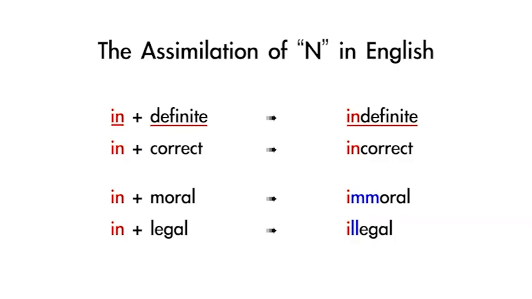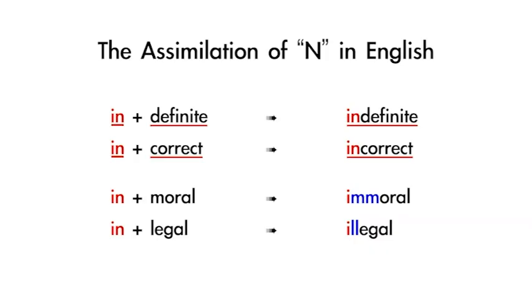We can do the same thing with the word correct. We can add the prefix in to the word correct, and we get incorrect, which now means not correct. Again, you can see the prefix in on the front of the English word correct. In both of those first two examples, the n does not assimilate. You can see its full spelling on the words indefinite and incorrect.